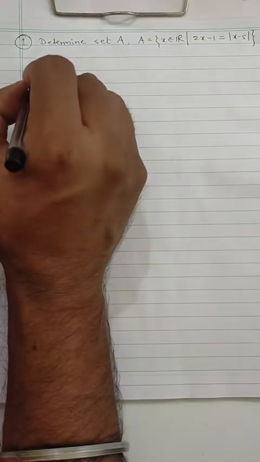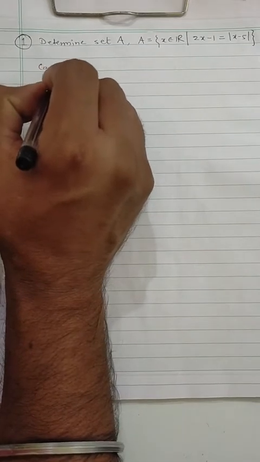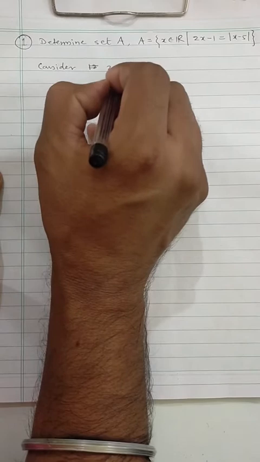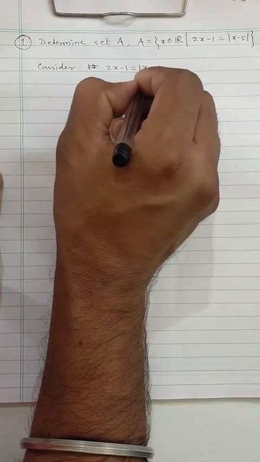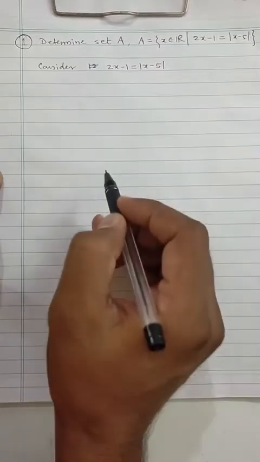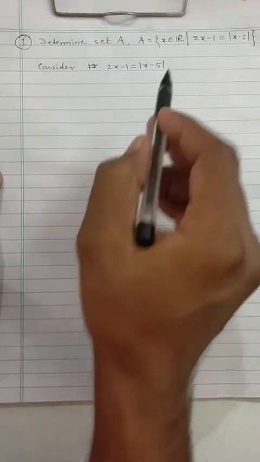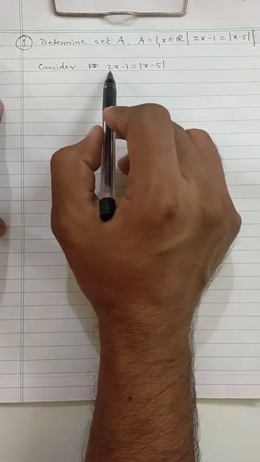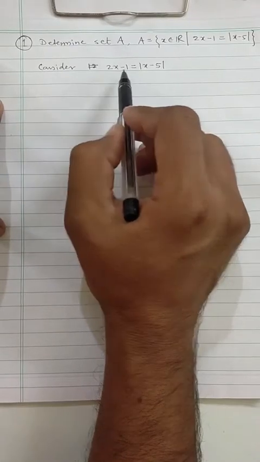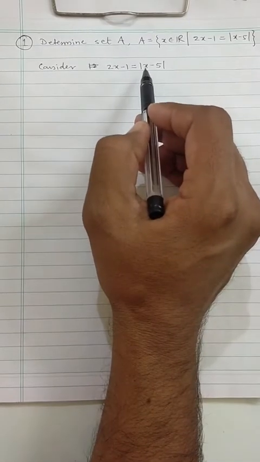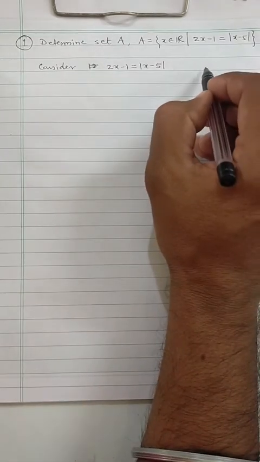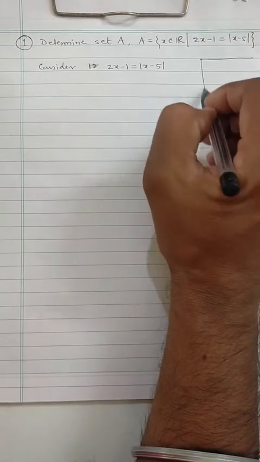So consider the expression 2x minus 1 is modulus of x minus 5. So here it is a modulus of x minus 5, and on the left it is not an absolute value function. So how to simplify this? We can use the property of modulus.